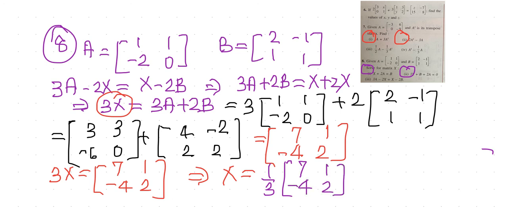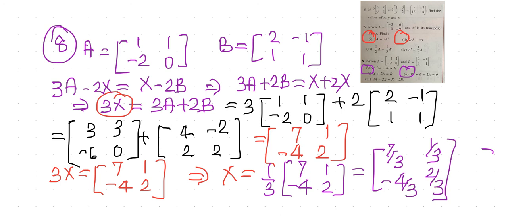So if you multiply each of them, how much will you be getting? You will be getting, children, 7 upon 3, 1 upon 3, minus 4 upon 3 and 2 upon 3. So this is your answer. Okay, on similar terms you can be doing sub question 1 and 2 as well. Alright, so this is the way this particular sum has to be done.